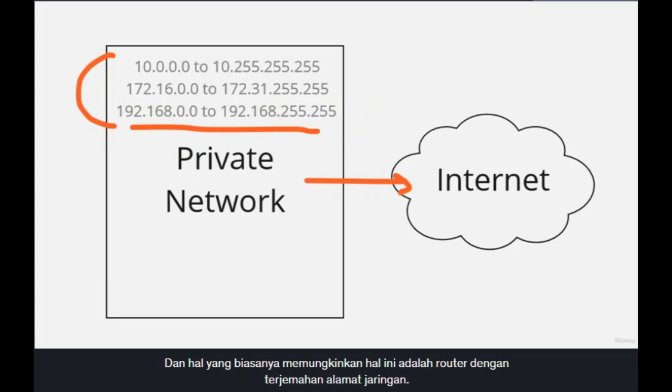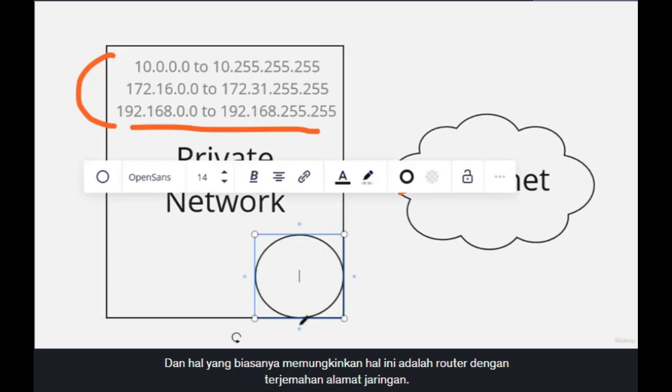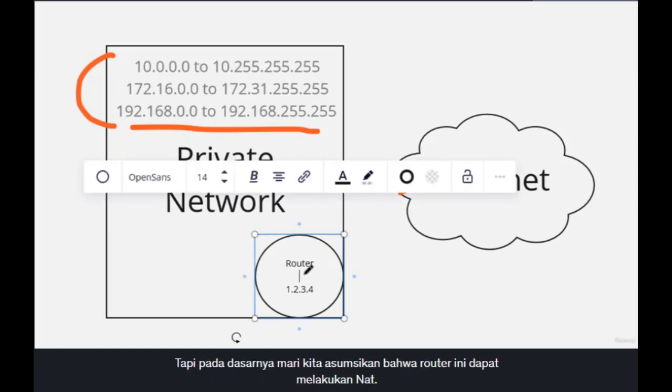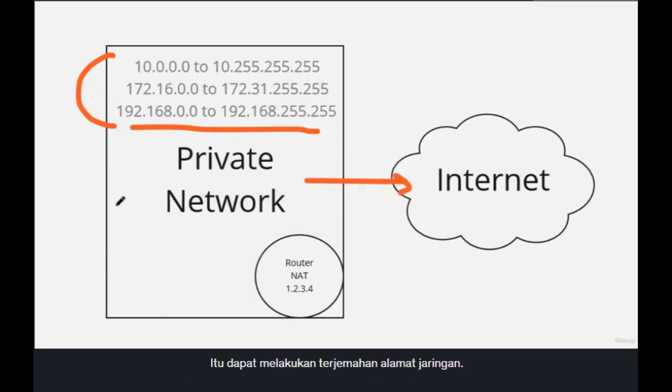And the thing that typically makes that possible is a router with network address translation. So let's add a router here to our diagram. And I'm going to give this router a public IP address. I'm just going to make it 1.2.3.4 to keep it really simple. But basically, let's assume that this router can perform NAT. It can perform network address translation.